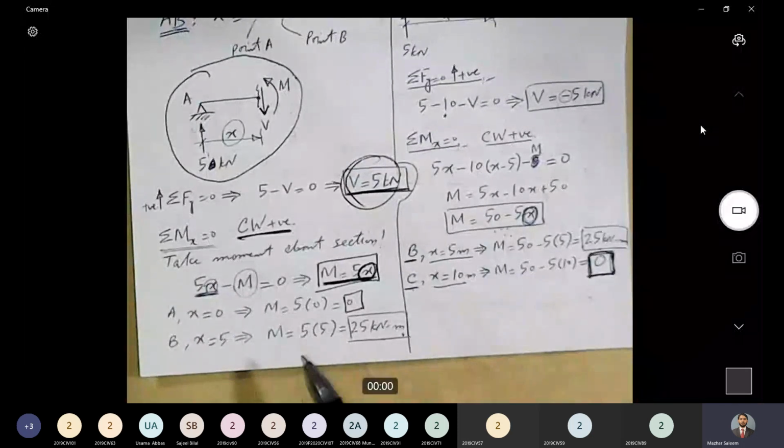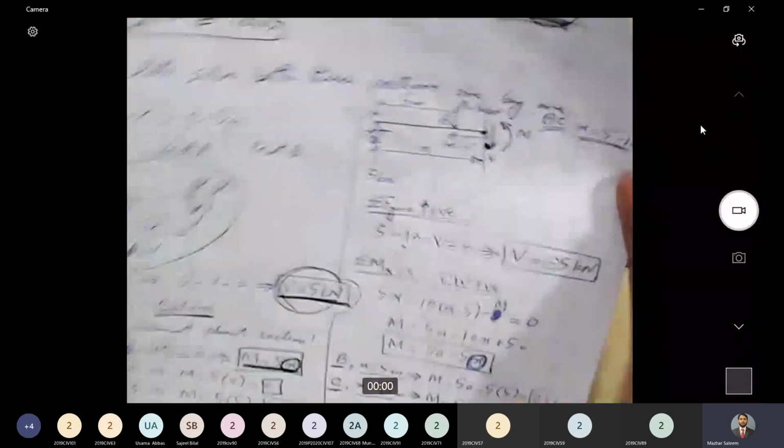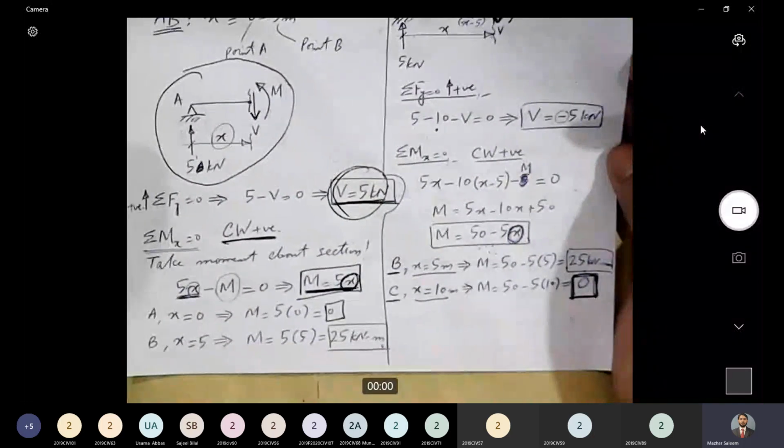In some cases, there will be a point moment at a given point, and for that point we will have two values of bending moment. We will see that situation later on. So this was a review of part of the problem that we solved in last class.